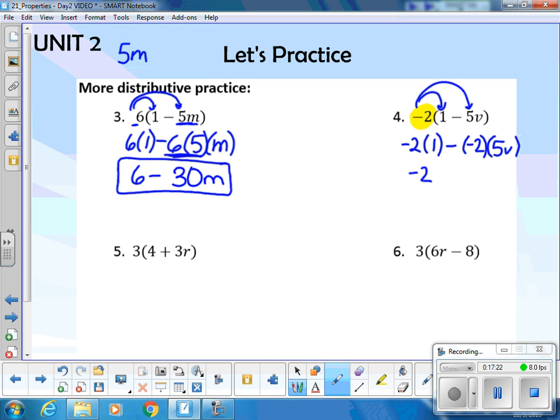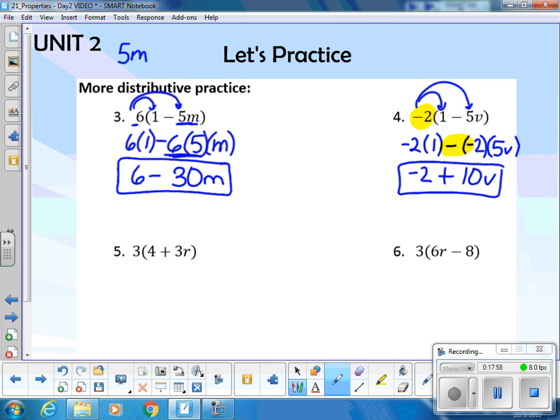Then I have a negative and a negative here in the middle, double signs, so my negative is going to turn to a positive, and now I have to multiply 2 times 5. 2 times 5 is 10, and that V is still being multiplied, so it's going to hang around. That's all we're doing. We're sharing the number on the outside with everything inside. Even if there's a variable tagged to that number, you can multiply the numbers and keep the answer the same, or just have the variable tag along.